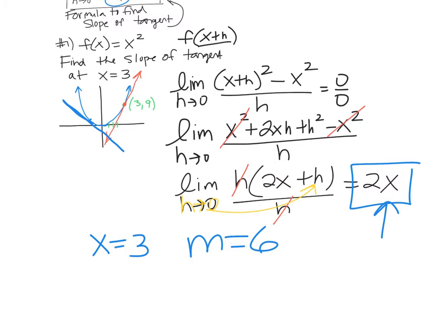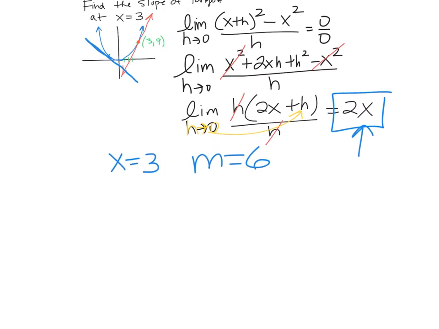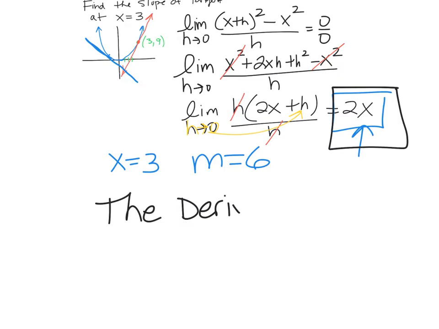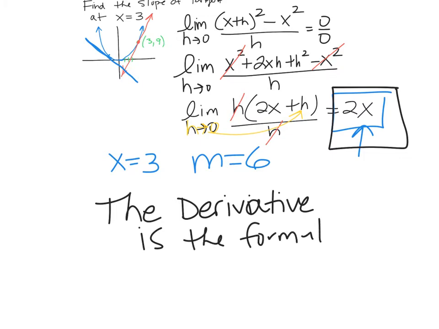Okay? All right, so let's talk about this last thing right here. This formula with x in it and all that stuff is called the derivative. That's what that is, okay? So the derivative, write this down: the derivative is the formula for the slope.